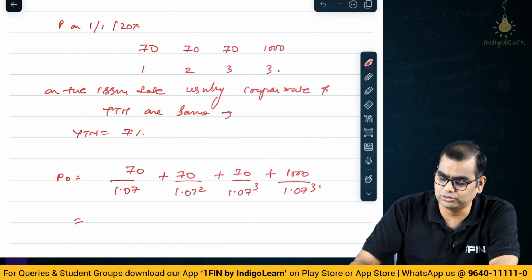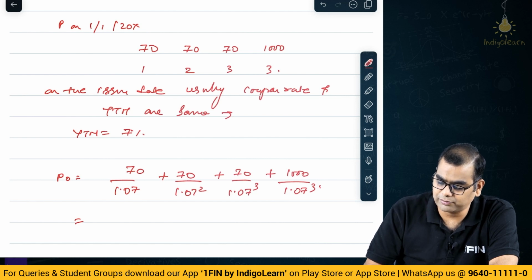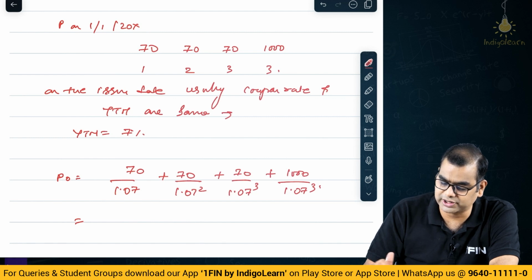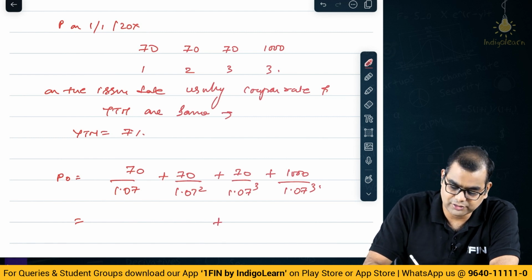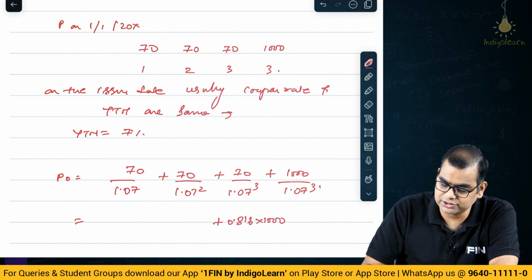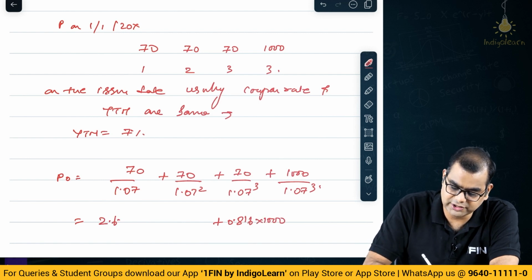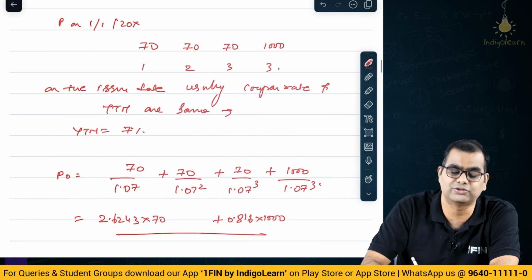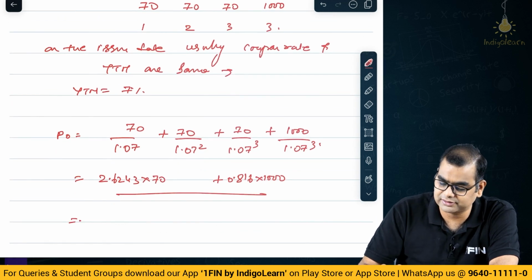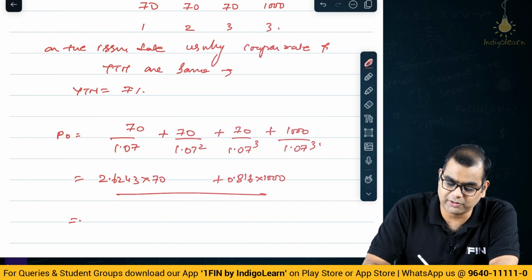This will actually work to 1 by 1.07 is equal to 1, 2, 3. 2.6243 into 70 plus 0.816 into 1000. That will be 183 plus 183.7 plus 816.3.